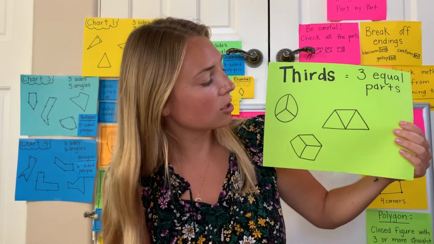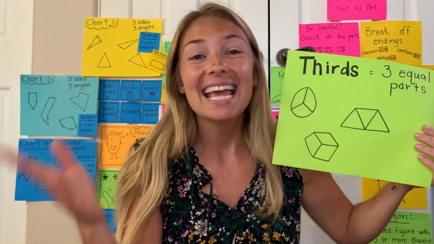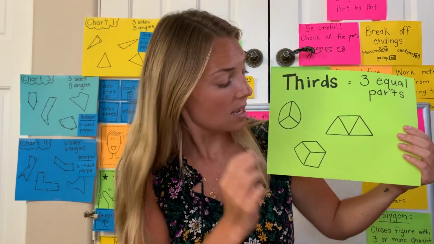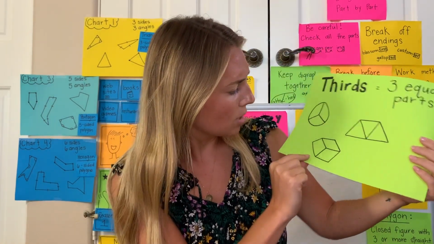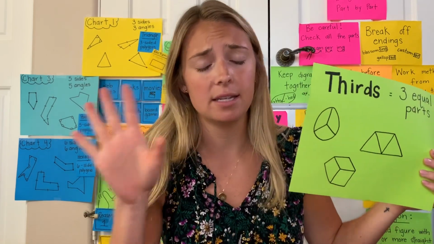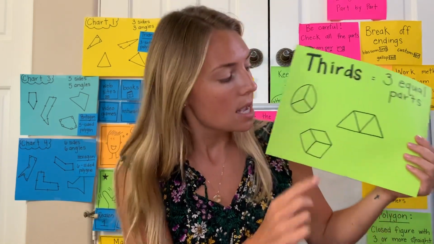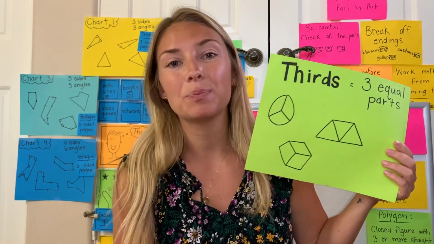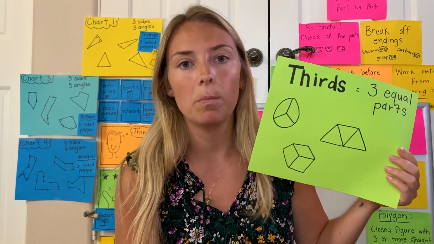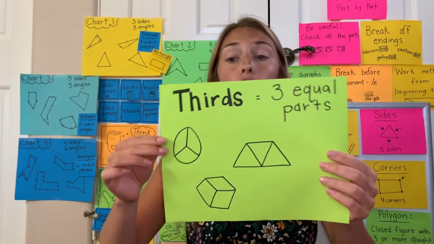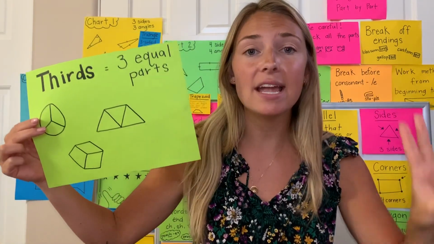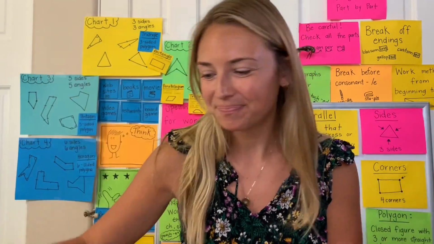Over here, this circle, it looks like a peace sign. It is 3 equal parts. And down here, I did a horrible hexagon, I know that. But you can also split that into 3 equal parts, okay? So thirds just means 3 equal parts.